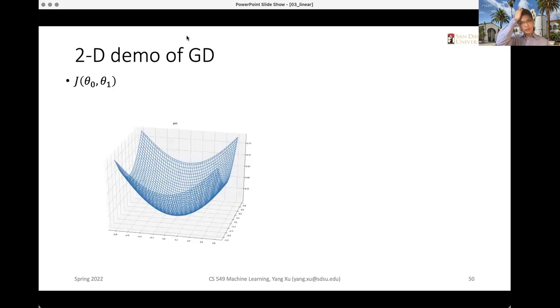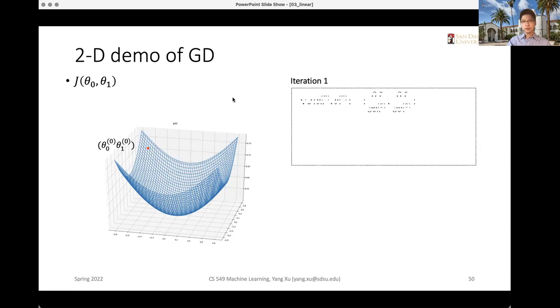All right, and let's look at a slightly more complex example. Say we have some function that has a two-dimensional input, where theta 0 and theta 1 are the two components. That is our initial position, indicated by these red dots. In our first iteration, we compute the gradients. The gradient is now the partial derivatives, so we need to compute the two components.